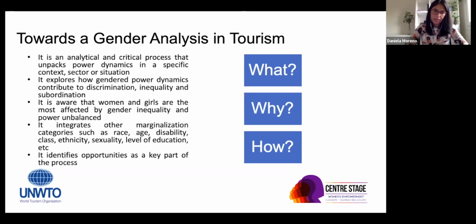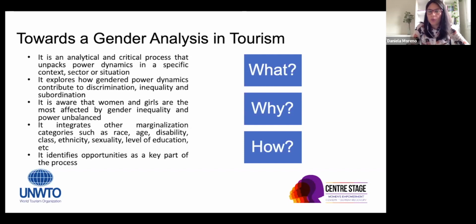Another point that I would like to stress here is that I truly believe that gender analysis in tourism improves the current tourist framework. I truly believe that.